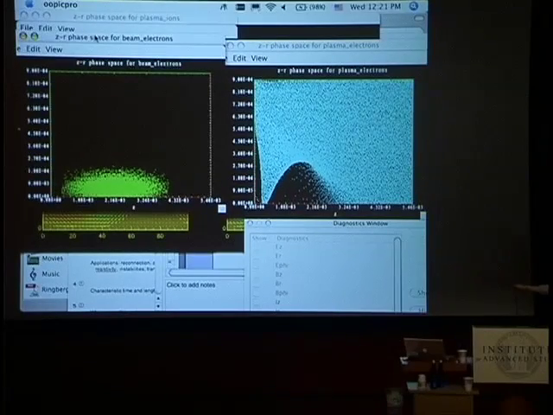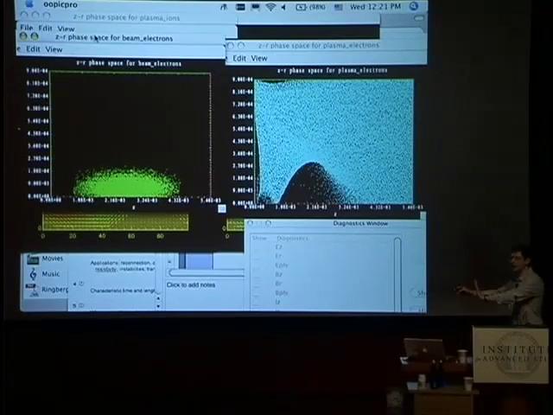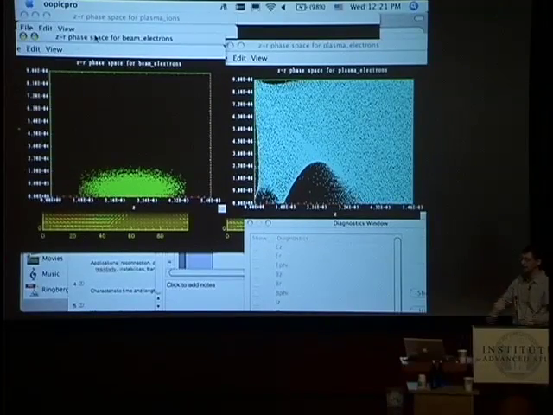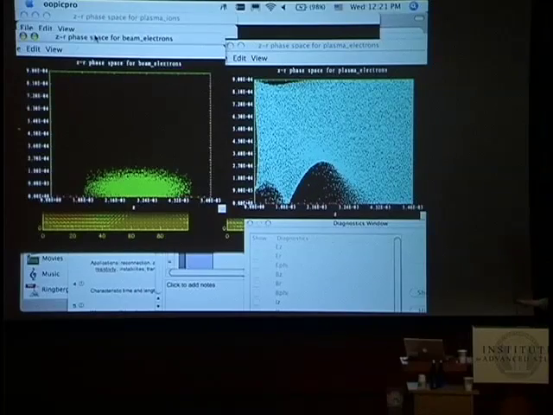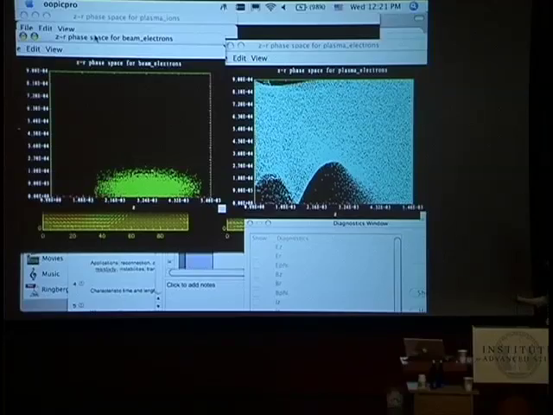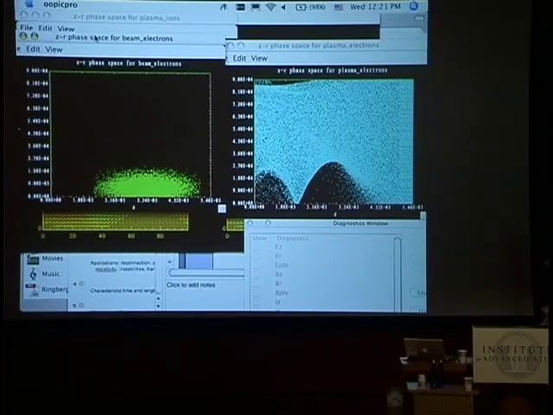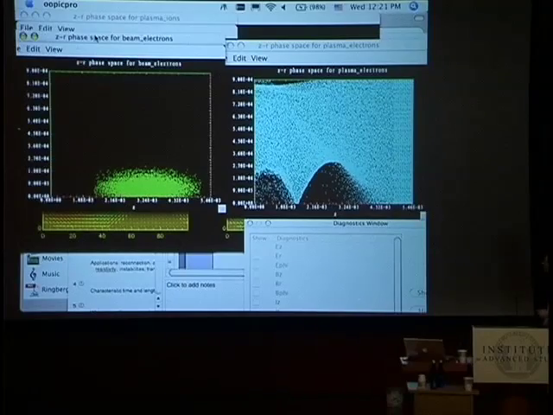And then behind this, you're going to get an oscillation in the plasma. You basically deflected the electrons, and now they're going to ring back and create a plasma oscillation. Inside of that plasma oscillation, there are very strong electric fields.